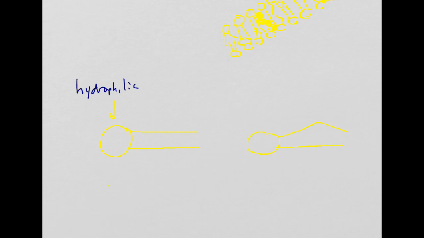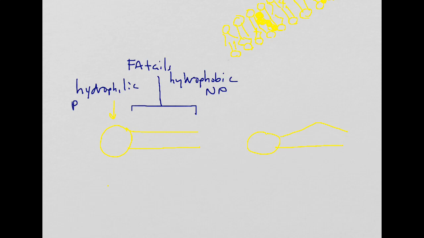While the tails, these guys here, are known as the fatty acid tails. They are hydrophobic. Okay, that makes them nonpolar, makes the head polar. And the same goes for this guy next door here.